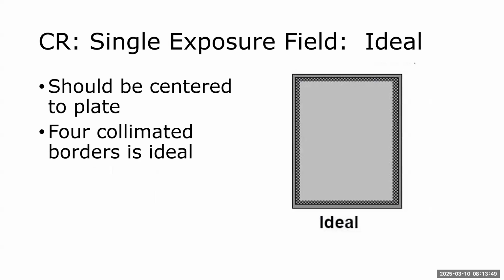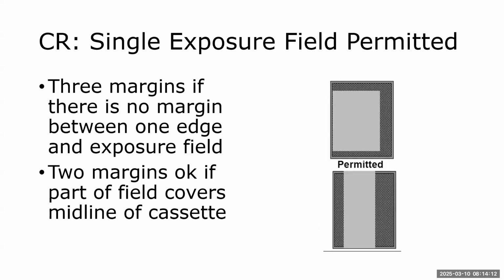So this is where I was talking about when we were using CR. If you were going to use a single exposure on the plate, that was ideal. It should be centered to the plate and 4 collimated borders was ideal. In other words, it really wanted to see a 4-sided collimation on a single projection done on a CR. If you were going to do it otherwise, it was still okay if there were 3 margins, if there's no margin between one edge and the exposure field.